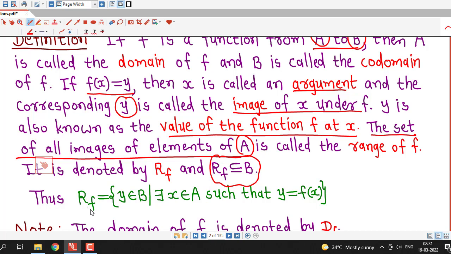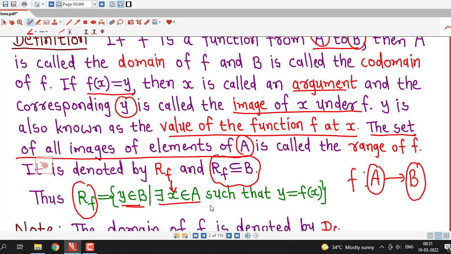We can write the range of f mathematically in this way. If f is a function from A to B, then the range of f is the set of all elements of the codomain which are images of elements of A. So if y is in the range of f, then there must exist some element x in domain A such that y = f(x).